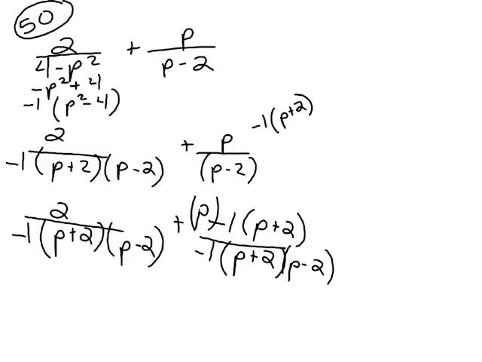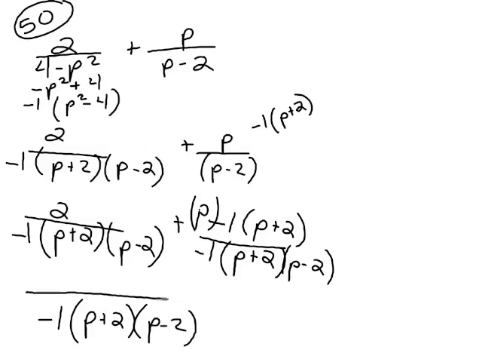Okay, negative 1 times p plus 2, p minus 2. There's my denominator. What have I got on top? I have 2 plus p. Okay, so here we're going to have trouble, aren't we? What happened when we times up there by the negative?